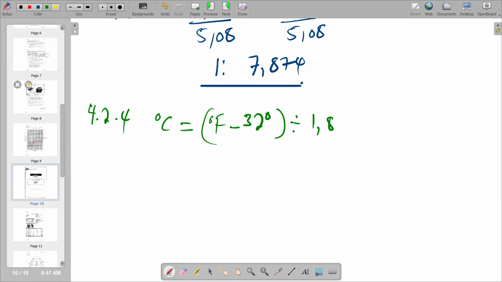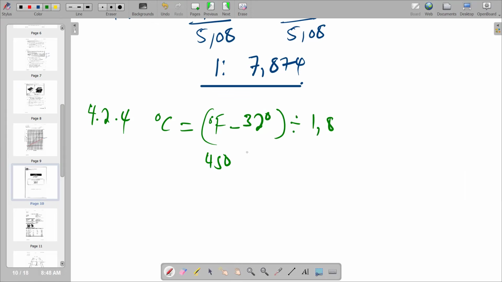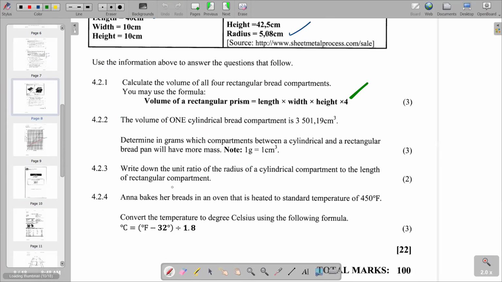And then according to information given, we are given 450. So we come here, we say 450 minus 32, and then you divide by 1.8.